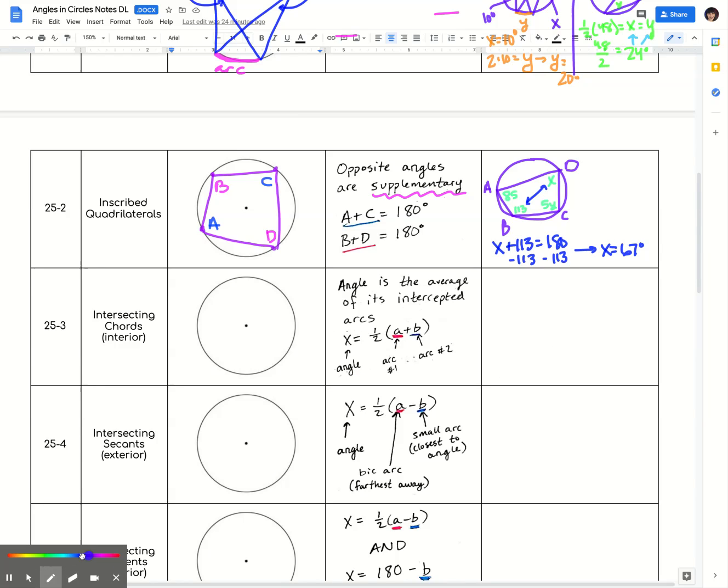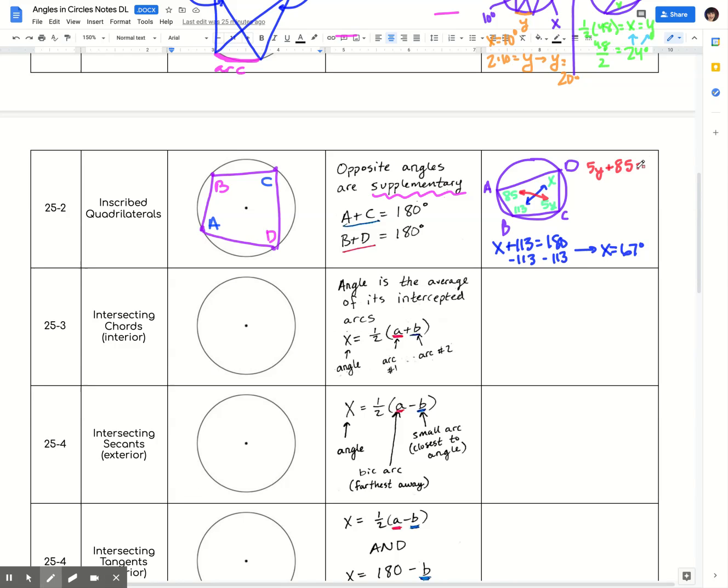The same rule applies for my other set of opposite angles. So the 85 and the 5y together have to add up to 180. So 5y plus 85 has to equal, oops, hold on, that doesn't look like an equal sign.